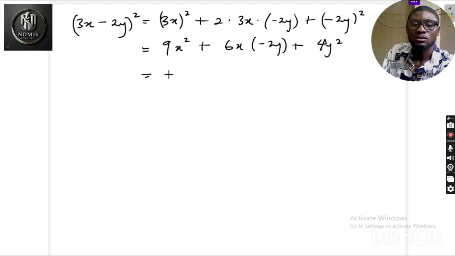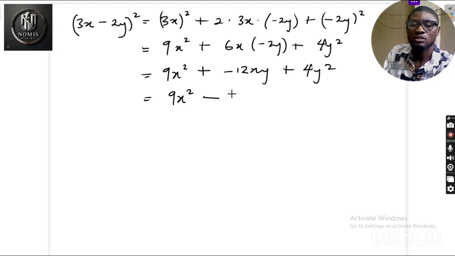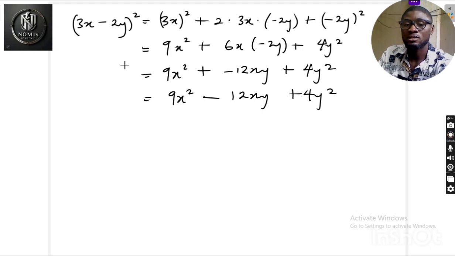So this is equal to 9x squared plus 6x times minus 2y. 6 times 2 is 12, 6 times minus 2 is minus 12xy, plus 4y squared. So this is equal to 9x squared, plus times minus is minus, 12xy plus 4y squared. So this is our final answer of the expansion using combinatorial analysis of (3x - 2y) raised to the power of 2.